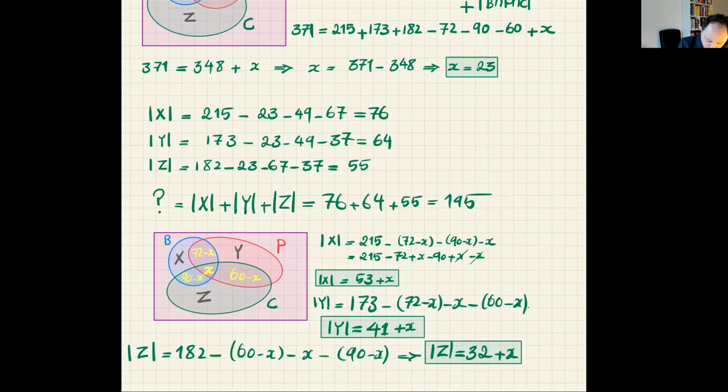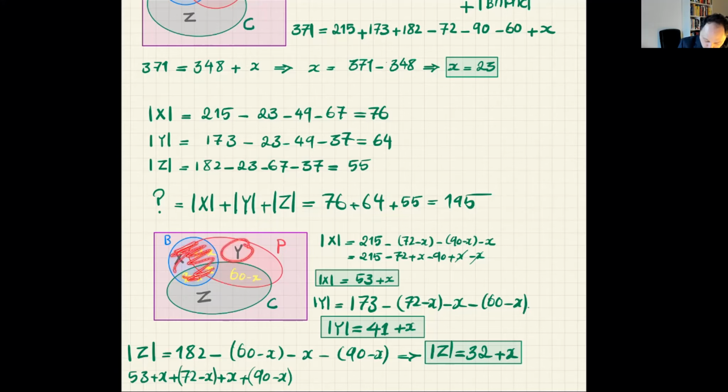I start from here. Cardinality of X is 53 plus X. Then I have 72 minus X. Then I have X. Then I have 90 minus X. So be careful, do not count two times. So everything here is now gone.